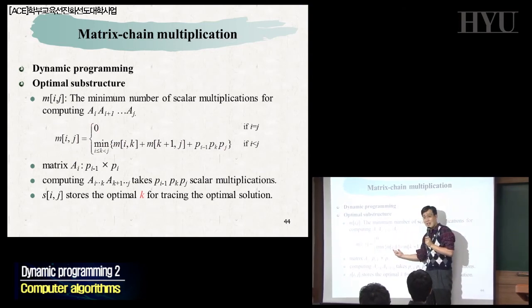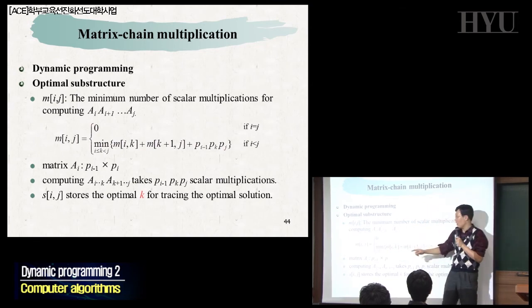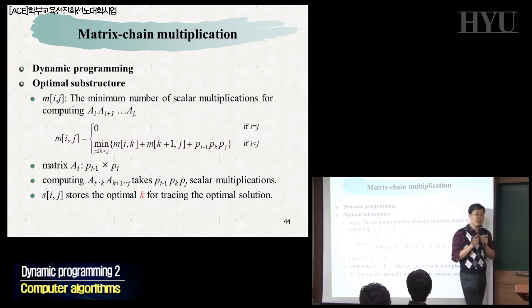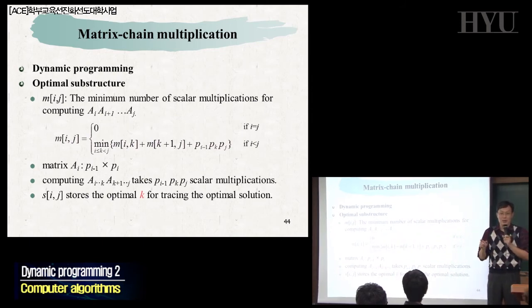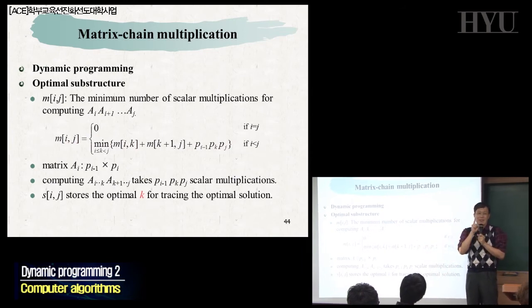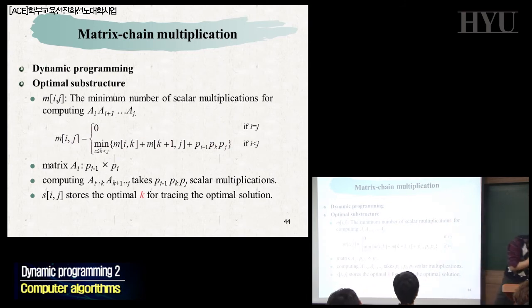The interval length of these two values is smaller than this. This is the interval of j minus i plus 1. And this is shorter. So the one length interval is the shortest. It's the bottom. Then 2 length, 3 length, 4 length. So we compute those values step by step like this.